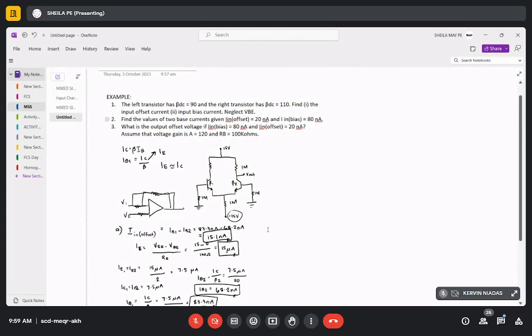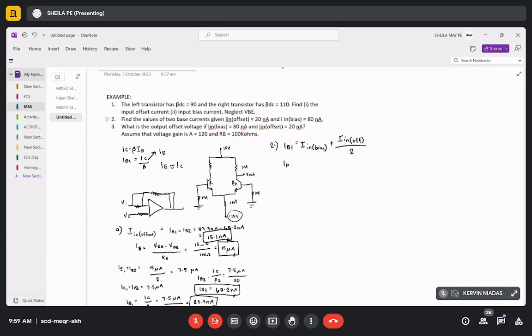So in finding our IB1, that would be equal to input bias current plus input offset current divided by 2.